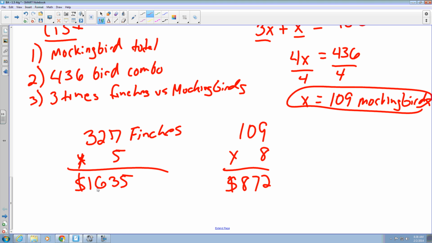So I'm going to take that 1635 and add it to my 872, and I get a grand total of $2,507. Okay, I answered both questions. I know there's going to be 109 mockingbirds, and I'm going to make $2,507 total from those 2 birds. Okay.